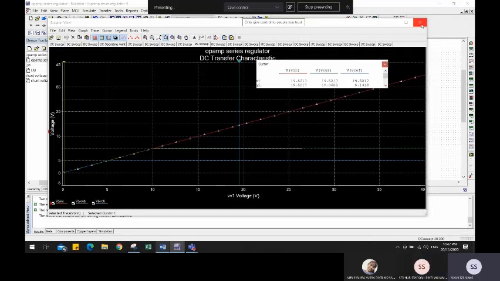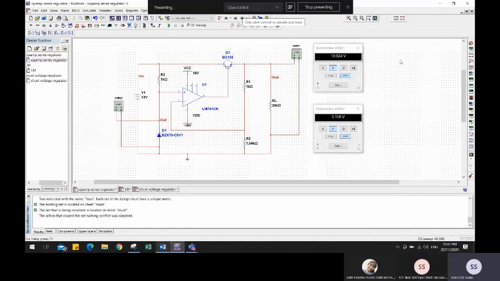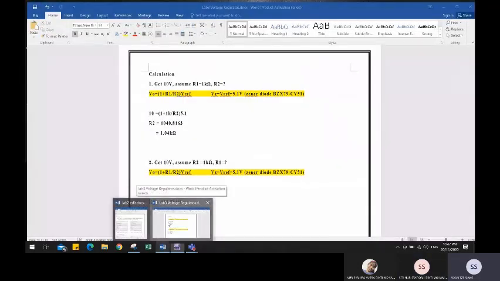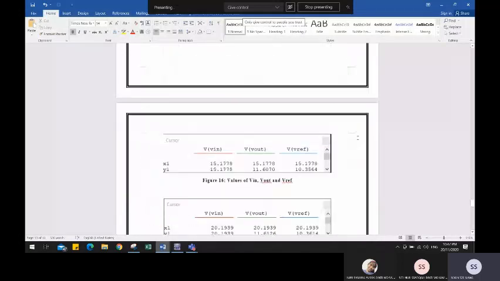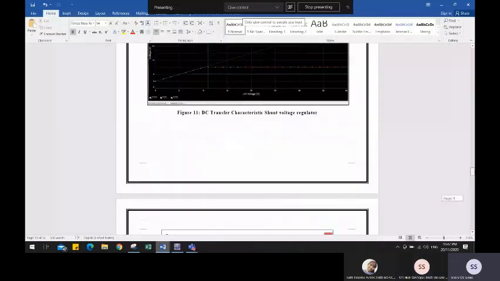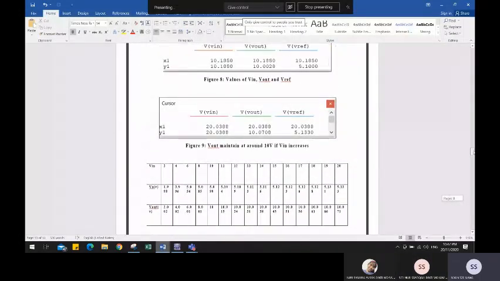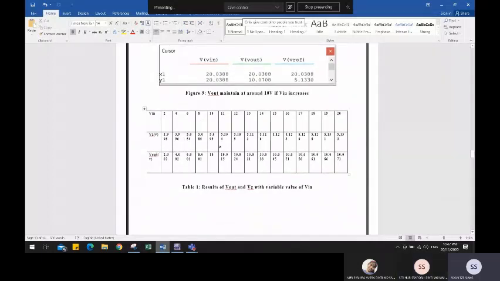We also find the values of V in from 2 volts to 20 volts, and we already recorded them in the table over here. So this is the result that we get. Okay, now I pass to Shahira for the shunt regulator.